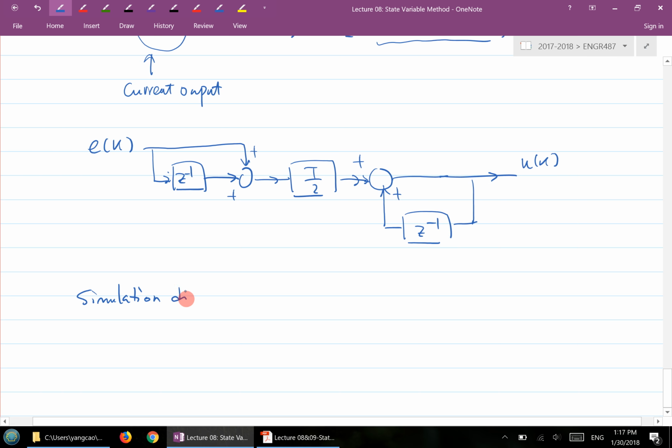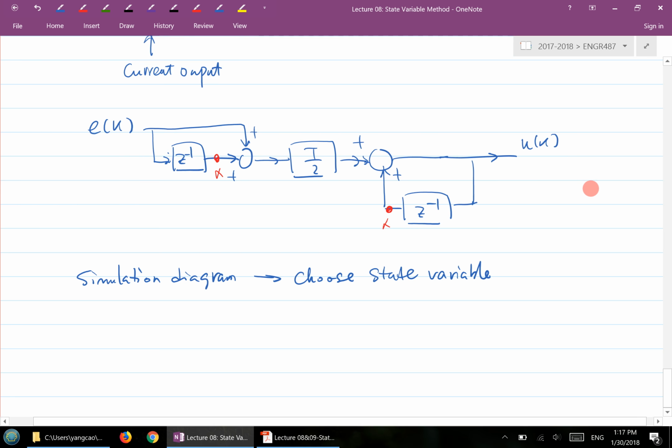Once you get your simulation diagram, then what you do next is you choose state variables from the simulation diagram. As you're going to see, we're going to pick state variables here and here, and basically to achieve the next step, and one from here, and then you get your discrete state space model.